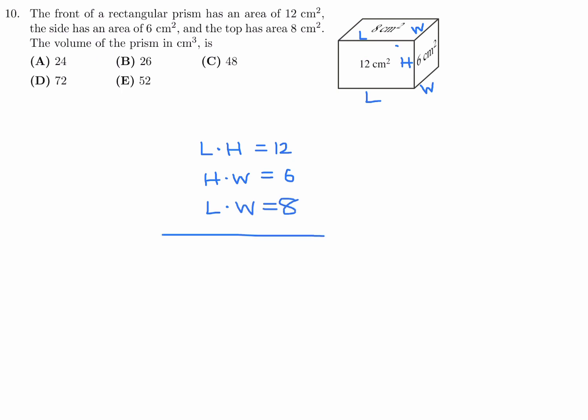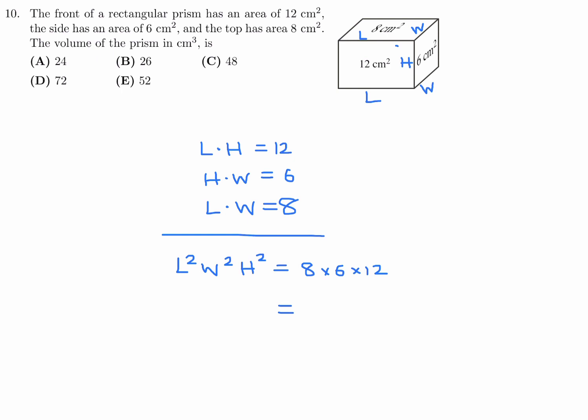So we have 3 relationships, and you can proceed in several ways here, but what I'd do, really quick, is you just multiply everything. So this times this times this. And if you do, you get L squared, W squared, H squared on this side, and on that side, you'll get 8 times 6 times 12. And that number, you can just take the square root of.